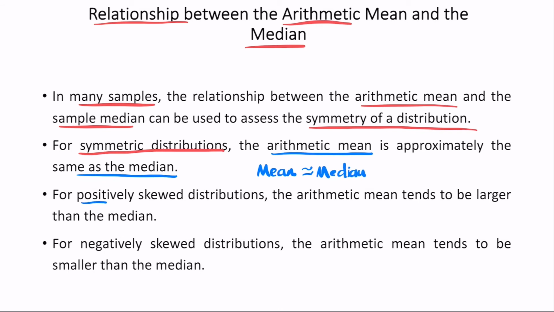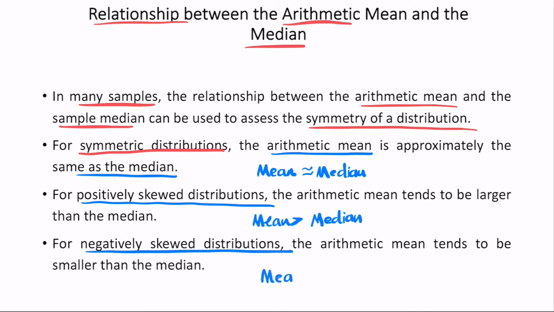But if you have a positively skewed distribution, the mean is greater than the median. If you have a negatively skewed distribution, the mean is less than the median.